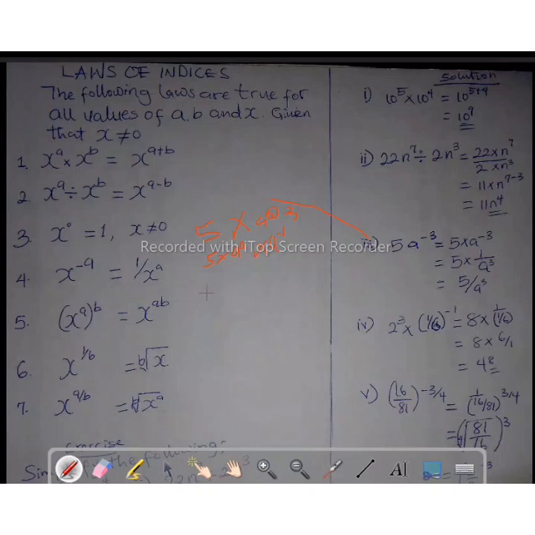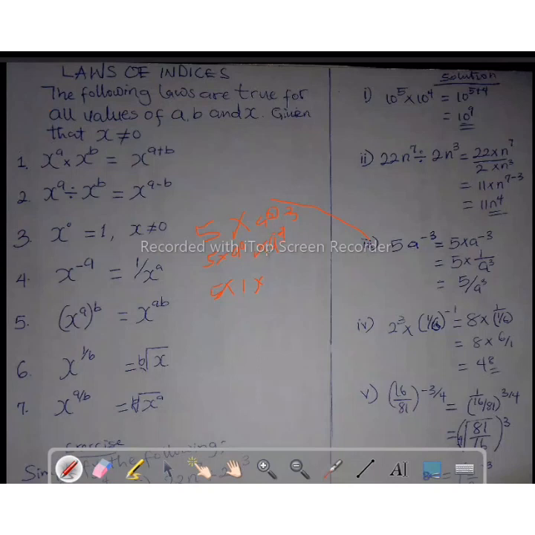And of course, you know that a raised to power 0, by the application of the third law, is 1. So you have 5 times 1, multiplied by a raised to power minus 3.